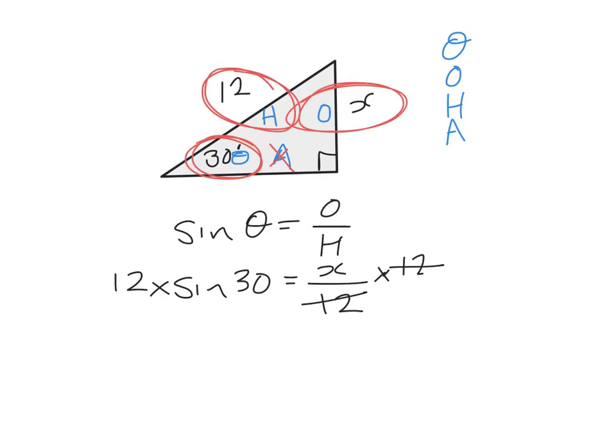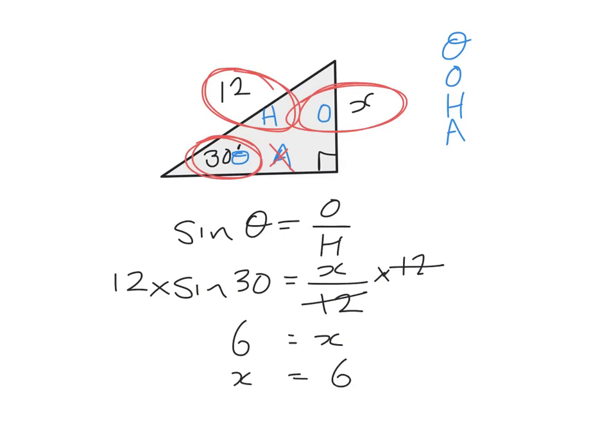No. 12 times, you must do sine 30. 12 times 30 would be 360, but sine 30 will be something quite different. Yeah, it is 6. All right, so what we know is 12 lots of sine 30, that's 6, equals X. So we've just solved for this triangle here that has a 30-degree angle in the side. We've just worked out that X is 6 units long.